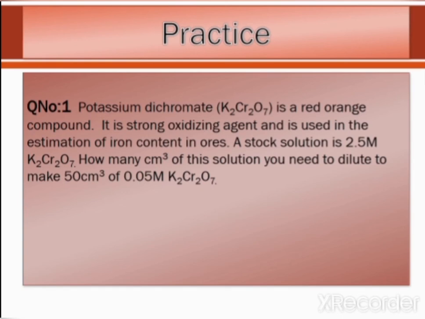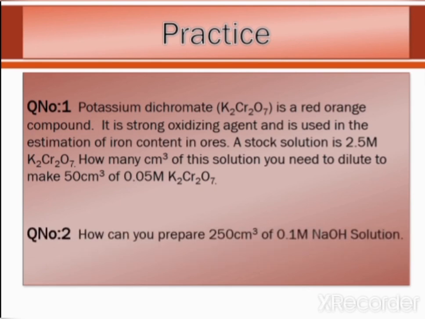Now according to the statement, you are provided with stock solution of 2.5 molar K2Cr2O7 and the desired solution which is to be prepared is 50 cubic centimeter of 0.05 molar K2Cr2O7. Therefore, use the proper formula to find the preparation method for the solution.